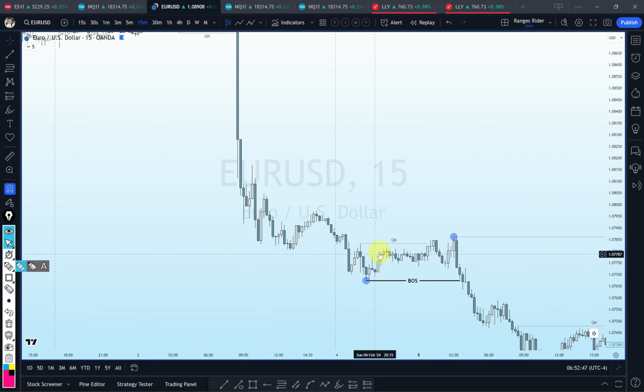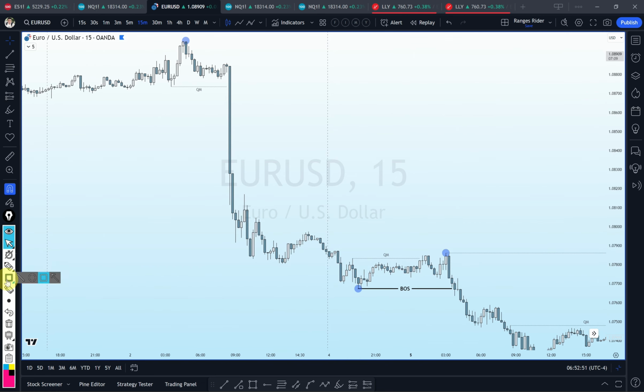So once our QM is confirmed, now our range is confirmed from A to B. Once the range is confirmed, and I told you that once the range is confirmed above QM, we are looking for the decisional order block.